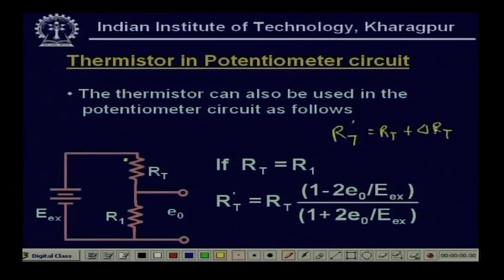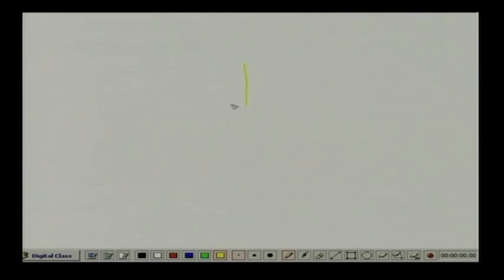Now, interestingly, one common question arises: what will happen if I flip it? That means, if I put R T here and R 1 here, what will happen? Let me take a white page. Suppose I have an excitation.